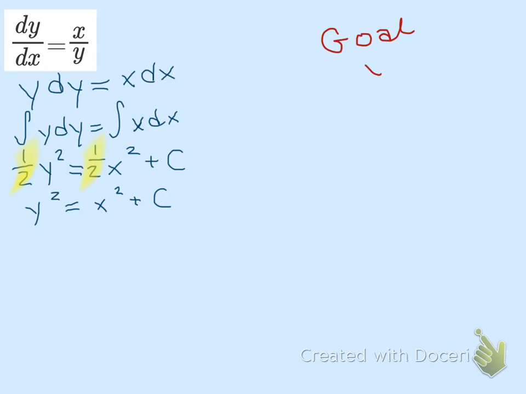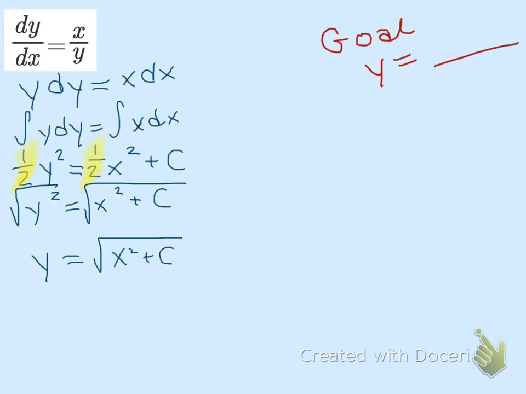My goal is that I want y equals something, right? So if I've got y squared and I want y, I take the square root. So I've got y equals square root of x squared plus c. And since I've reached my goal, I stop here.